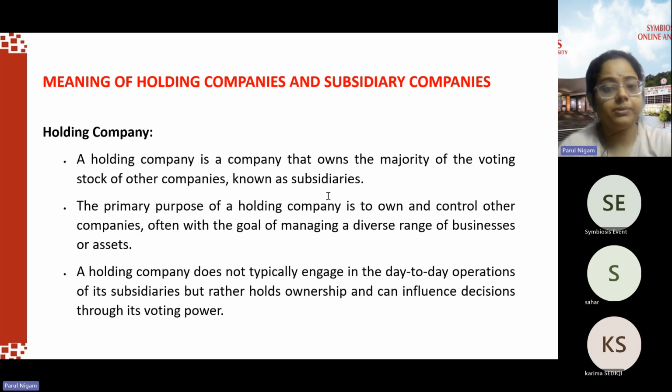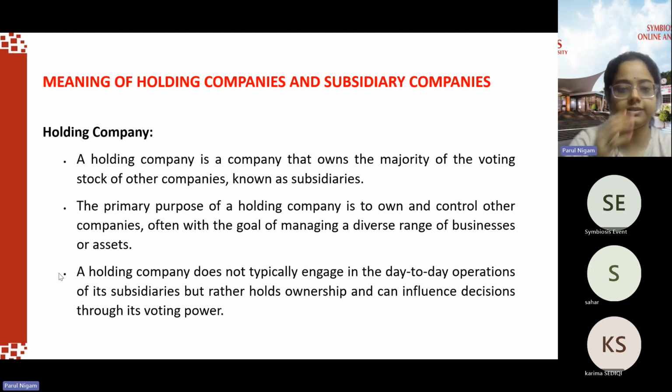For example, Reliance Industries Limited is a bigger company. That's the holding company, and Jio is its subsidiary. Reliance Industries Limited owns more than 50% of shares in Jio, making it a holding company, while Jio is its subsidiary.